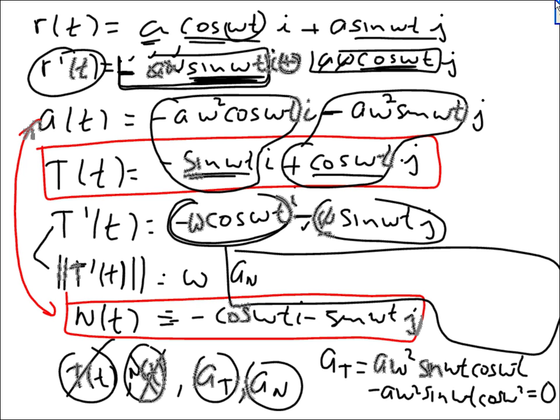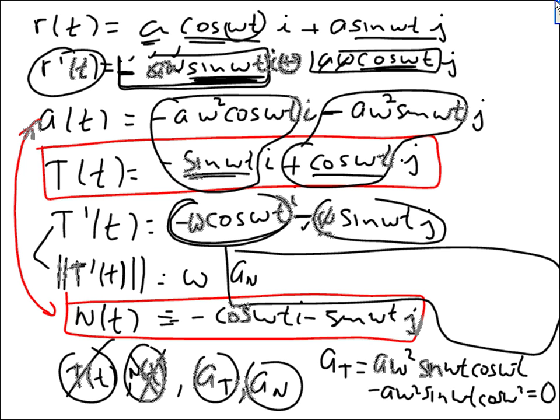Plus, now I do the same for the j components. I take a of t and I multiply it by the N of t. And they're both negative, so when I multiply I get a positive. I get a omega squared times sine omega t times sine omega t, which is sine squared omega t.